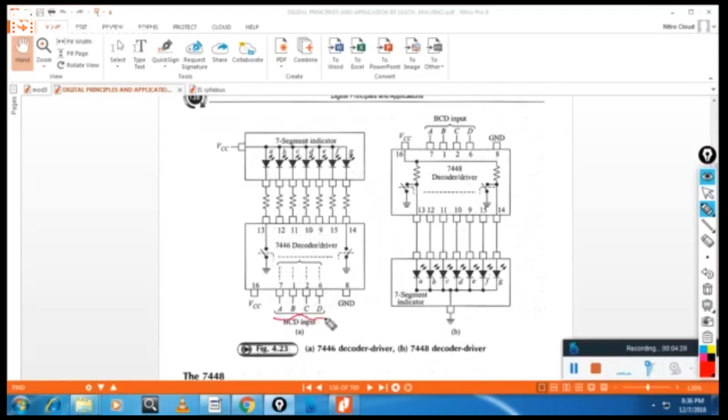These are the BCD inputs, and the outputs are connected to the different segments of the LED of the 7 segment. So based on the input, suppose the input is 0, 0, 0, 0, here 0 is displayed. If the input is 0, 0, 0, 1, 1 is displayed, 0, 0, 1, 0, 2 is displayed. The only difference between this and this is that this is common cathode type, and this is common anode type.